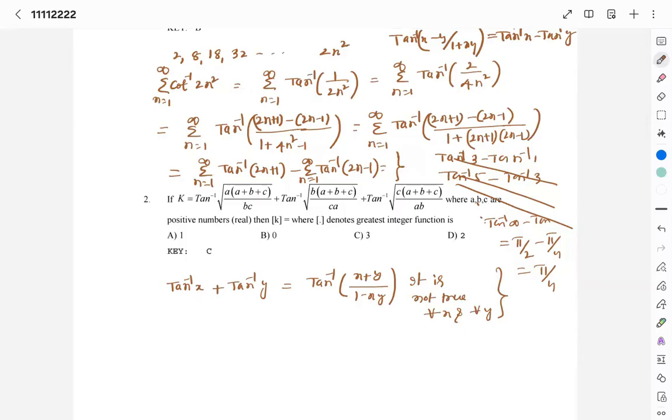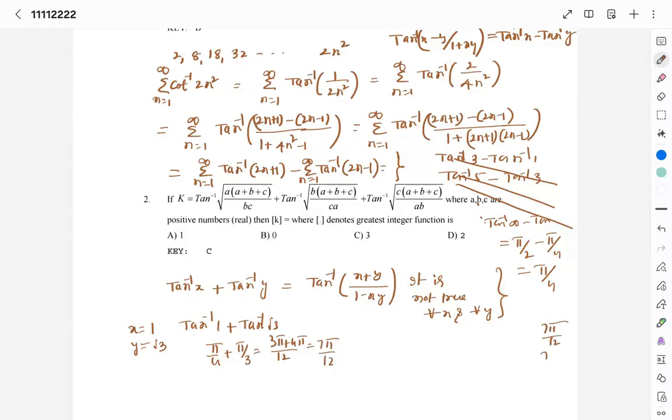For example, you take x as 1, y as root 3. Tan inverse 1 plus tan inverse root 3 is pi by 4 plus pi by 3. So you get here 7 pi by 12.